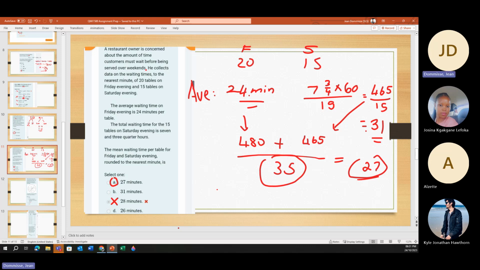Okay, hopefully that is what you guys also got in one of the answers. The 31 is if you only look at the Saturday. The 28 is if you take 24 plus 51.